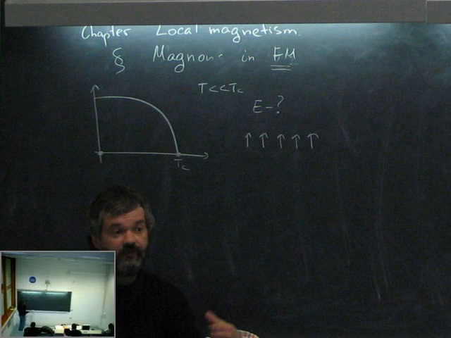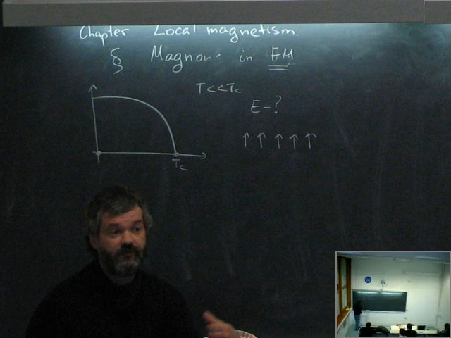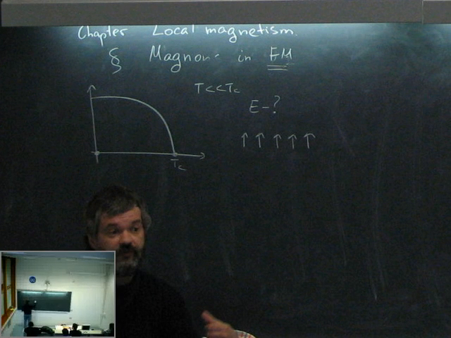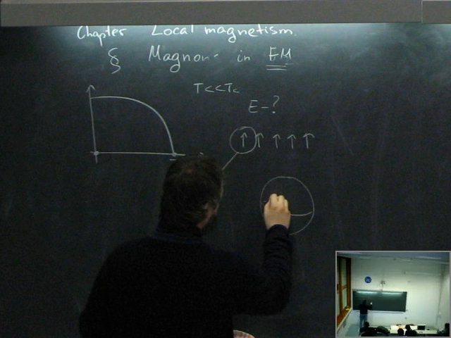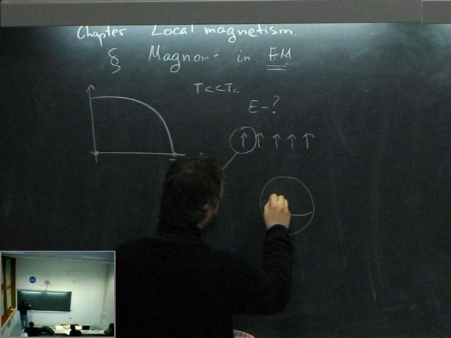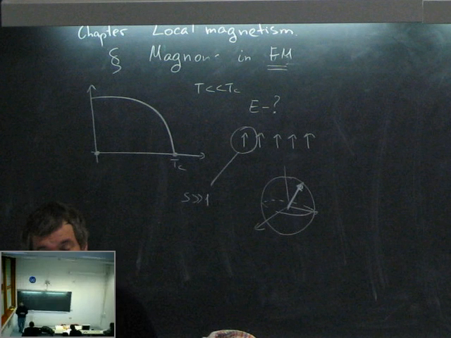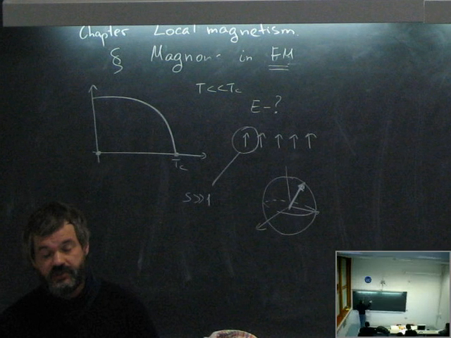Let's take our zoom and look at a particular spin. As we discussed in one of the first lectures devoted to magnetism, a spin subject to a magnetic field, especially if it is a quasi-classical spin, S much larger than 1, can in semi-classical approximation be viewed as a vector living on a sphere.